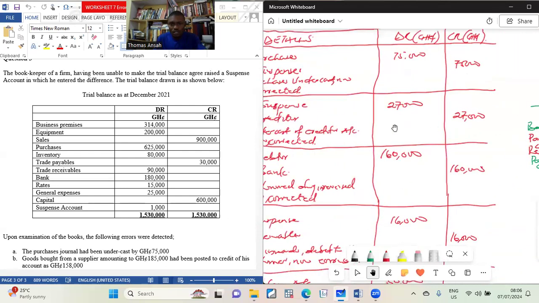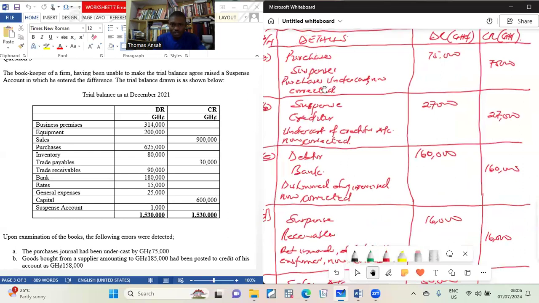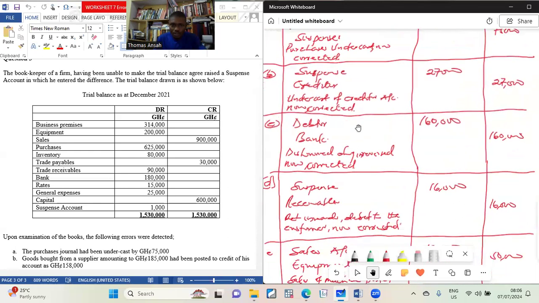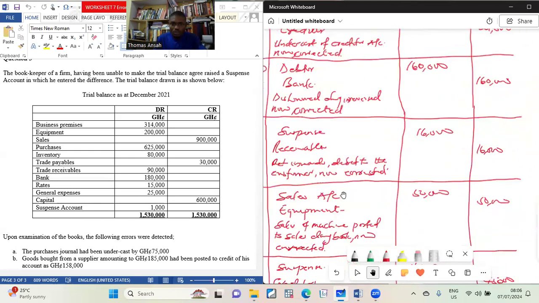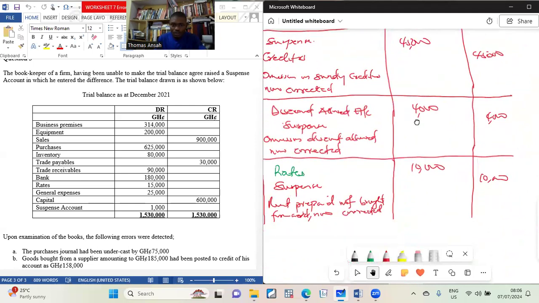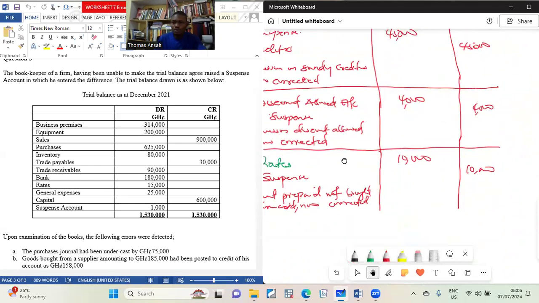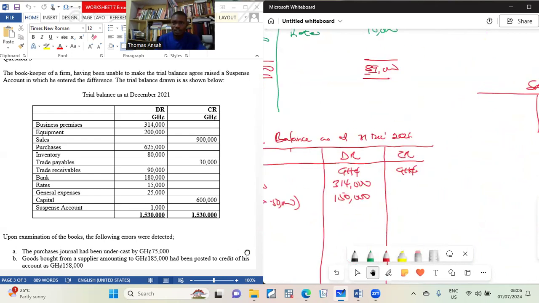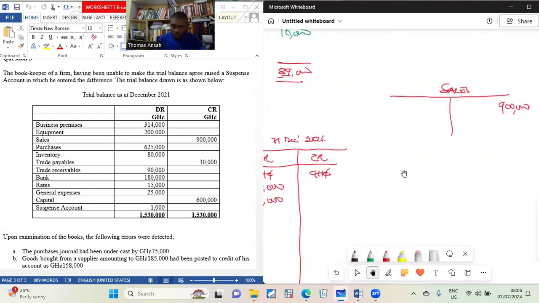So where is sales? Anywhere you see sales. Purchases, suspense. Where do you see sales? Sales, there is a debit to sales. So you need to go and debit sales. Is there any other sales? Okay, it's only one. So we could have even done it on the surface of the trial balance. So there was a debit to sales, which was the disposal of the assets.